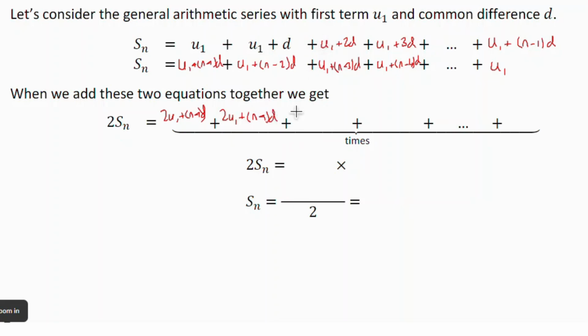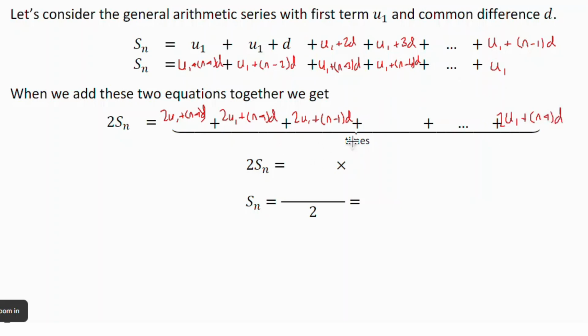And here we've got u1 plus u1, which is 2 u1s plus n minus 3d's plus 2d's is n minus 1d's. And we get the same thing every term. The last term, we've got 2 u1s plus n minus 1d.